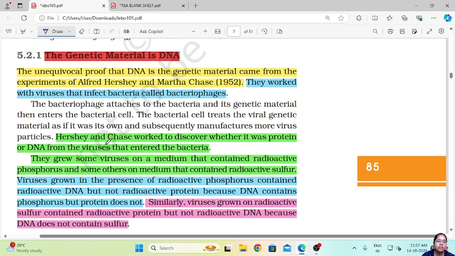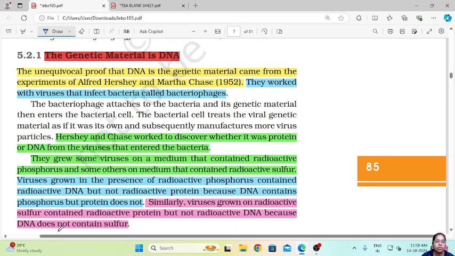They grew some viruses on a medium that contained radioactive phosphorus and others on a medium that contained radioactive sulfur. Viruses grown in the presence of radioactive phosphorus contain radioactive DNA but no radioactive protein, because DNA contains phosphorus but protein does not.